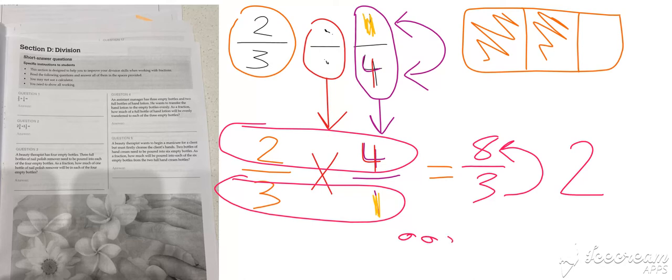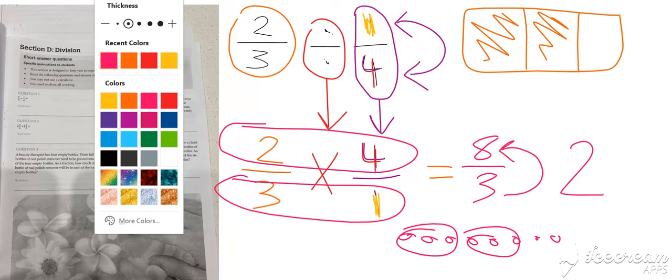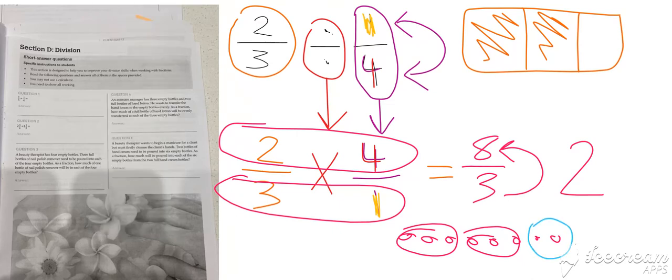If I draw it, that might make it a bit clearer. 1, 2, 3, 4, 5, 6, 7, 8. So I've got one group of 3, another group of 3. That's what my big 2 represents. And then those ones that are left over, those 2 little ones, they're going to go on the top. And I'm going to keep this number that was on the base, the 3, there. Okay.